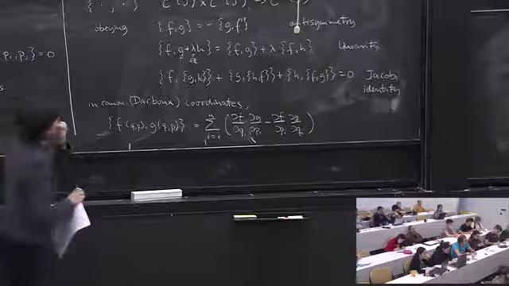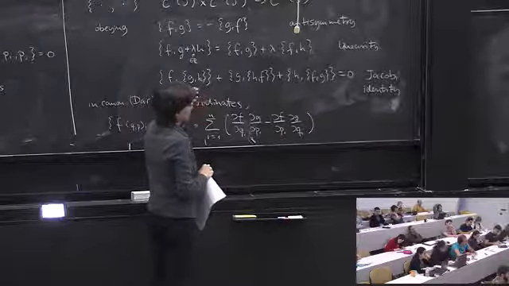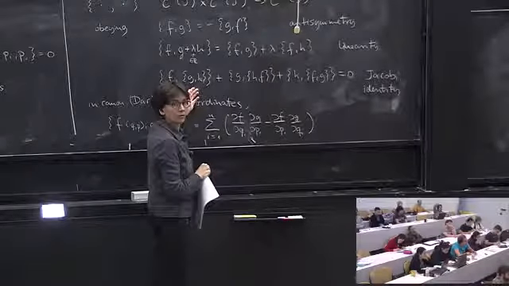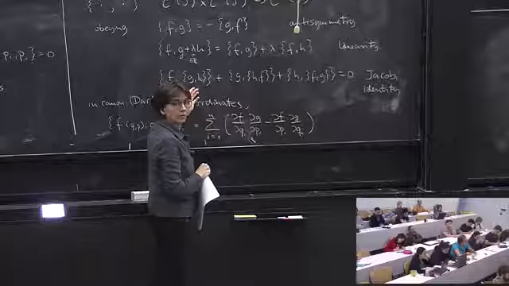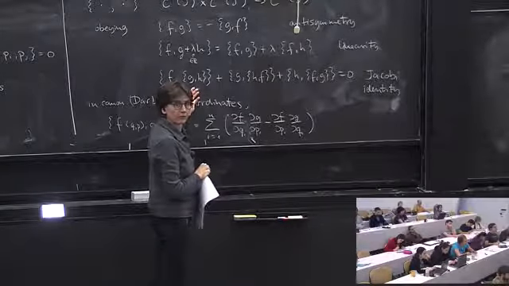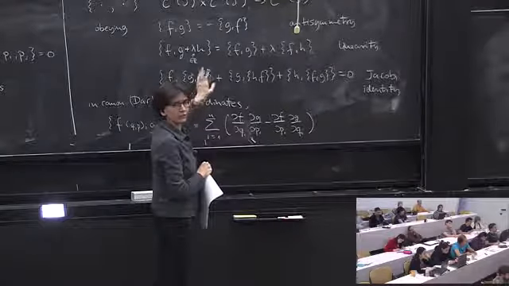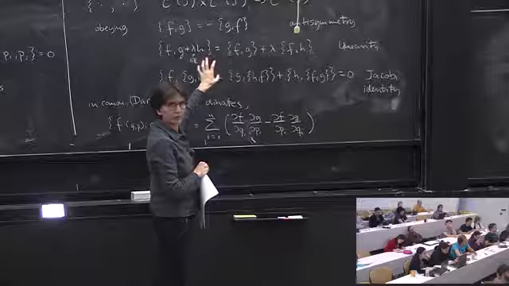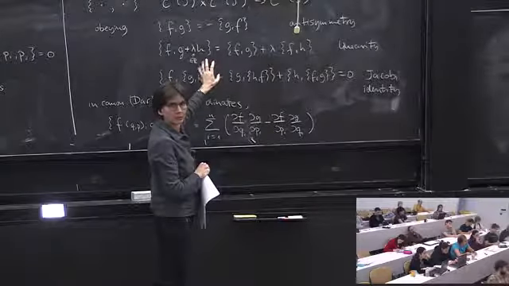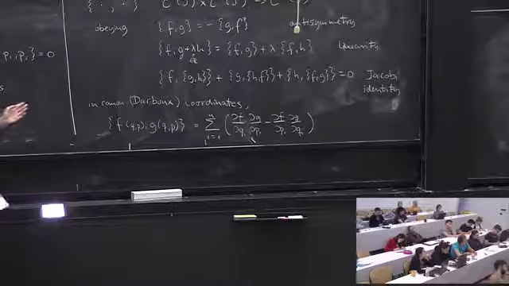But the Poisson bracket is not. So you need the Poisson bracket of f with g times h. You mean that it's distributive on a product? Yes. This is the way usually the properties get written down. So that means probably that I have already made the assumption that I can multiply.